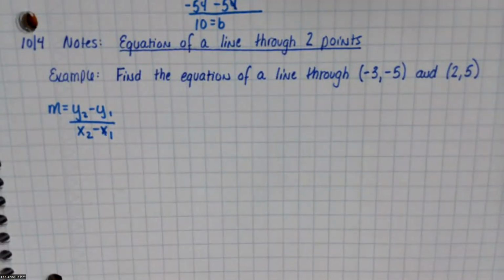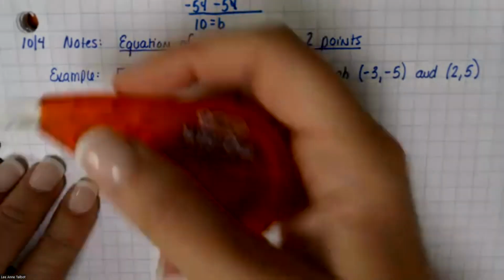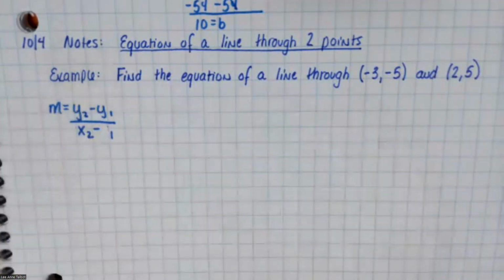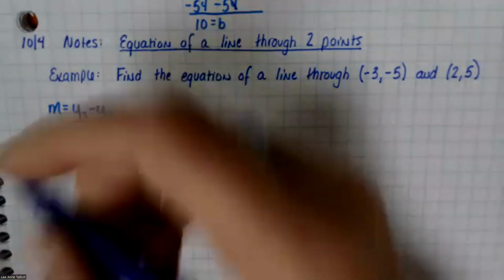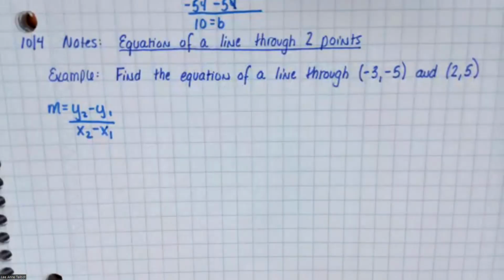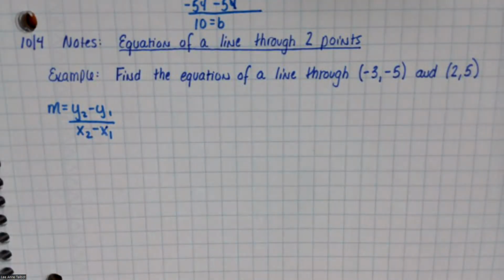Do you guys all know how to find the slope with the slope formula? Okay, so if you know what we did yesterday and you know the slope formula, then putting those 2 things together for today's isn't going to be too bad. So in today's, instead of giving you the slope and a point, they're going to give you 2 points. So you got to find the slope first, then do what we did yesterday.